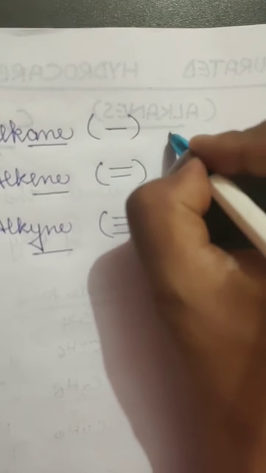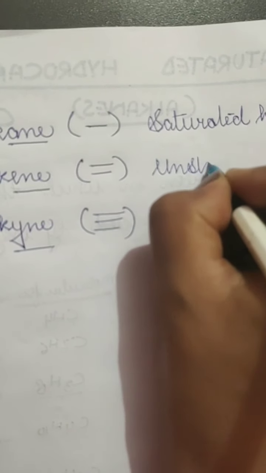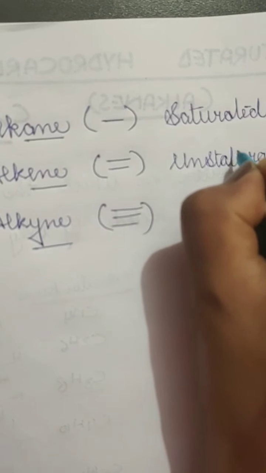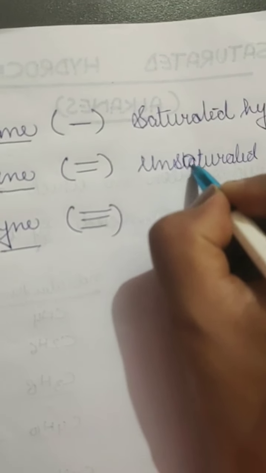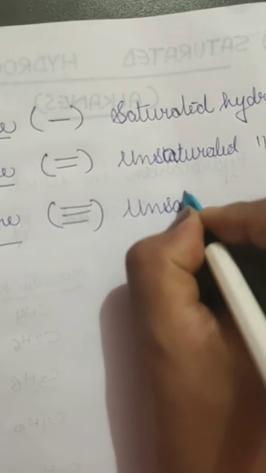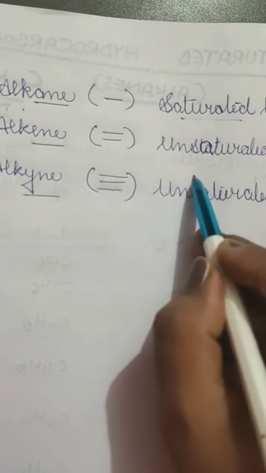This is the saturated hydrocarbon. This is an unsaturated hydrocarbon, and this is also an unsaturated hydrocarbon. So only alkane is the saturated hydrocarbon, and these two are unsaturated hydrocarbons.